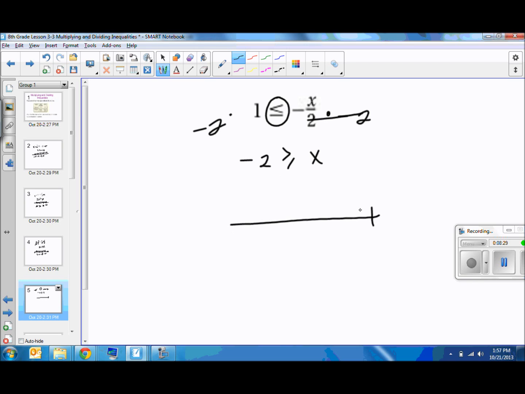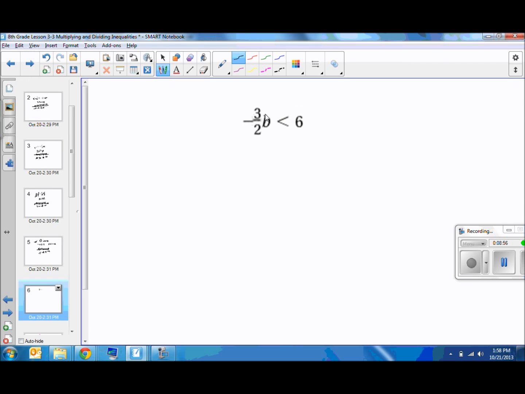So x is less than or equal to negative 2. And if it helps, you can rewrite it like this. So all the numbers that are less than or equal to negative 2. So I only flip the sign when I multiply or divide both sides by a negative. And I circle the sign to remember to do that.